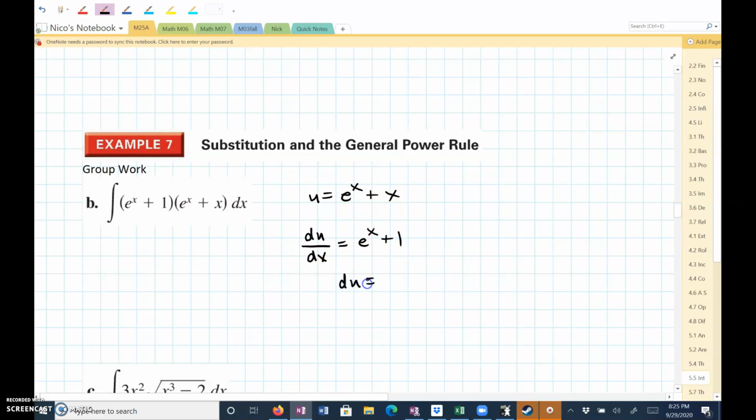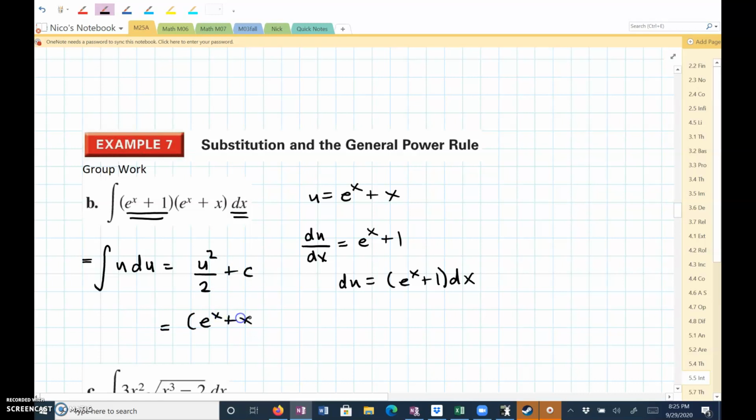So du equals e to the x plus 1 dx, which gives me this piece of the integral here. So e to the x plus x, that's u. E to the x plus 1 dx, that's going to be du. So the antiderivative would be u squared over 2 plus c, where u is e to the x plus x, so it's e to the x plus x squared divided by 2 plus c.